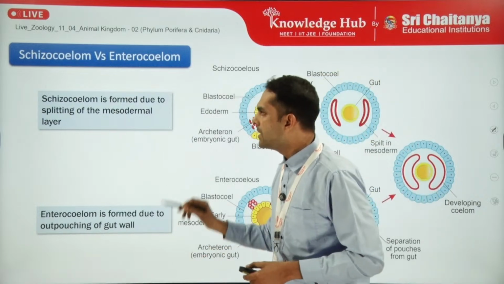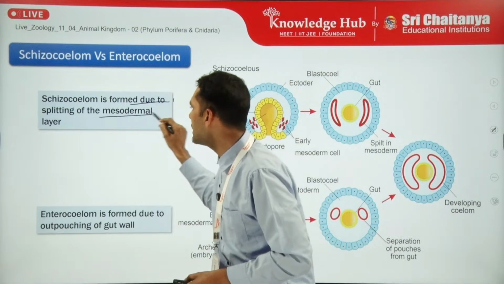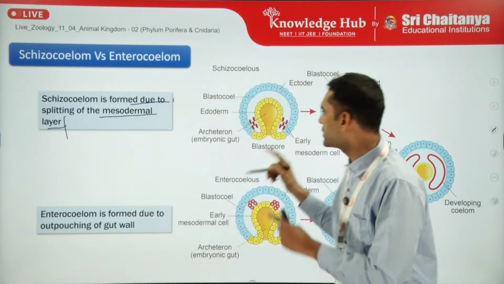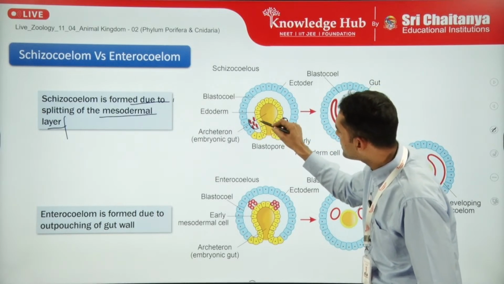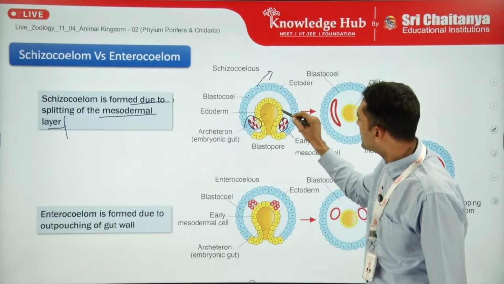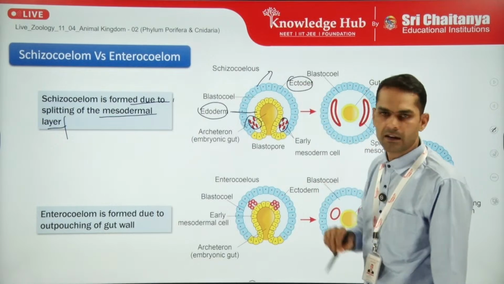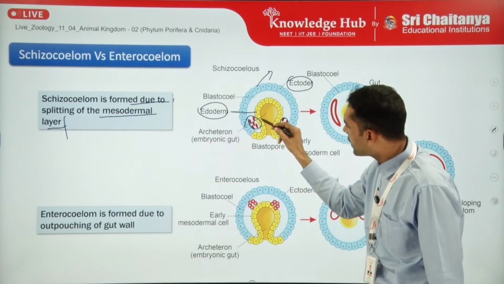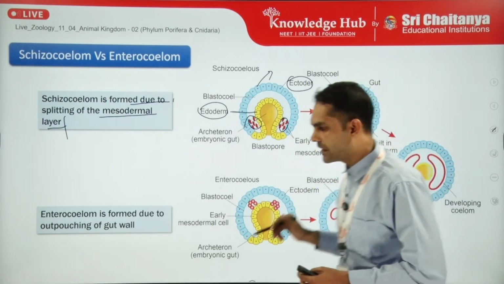So as you can see, the schizocoelom is formed due to splitting of the mesodermal layer. If you see the diagram, these are the early mesodermal mass present. This is the ectoderm, this is the endoderm, it is already mentioned. Fine. And these mesodermal masses will further develop cavity inside them, like you can see here.